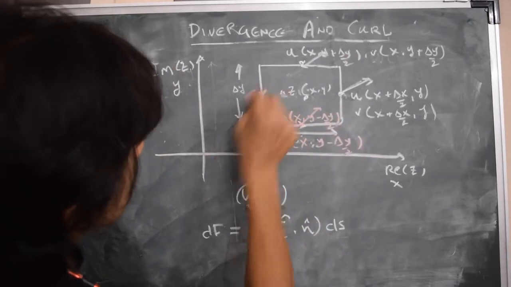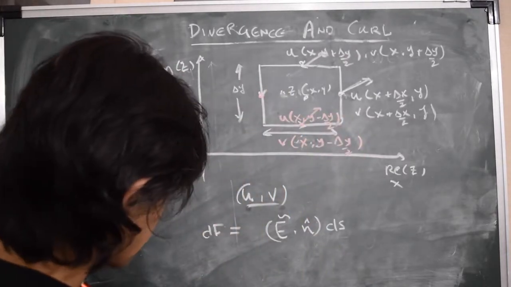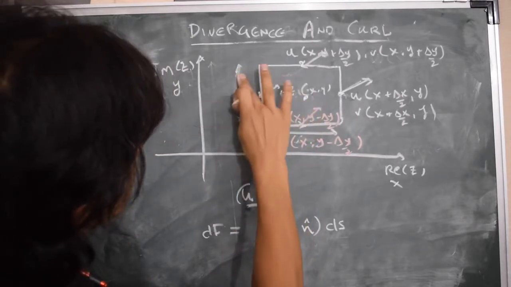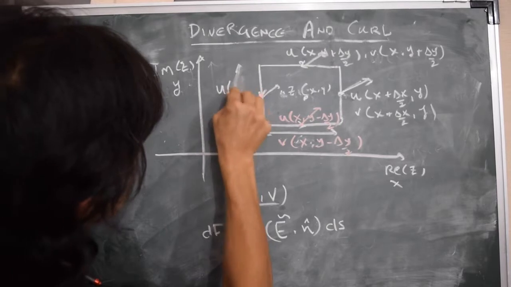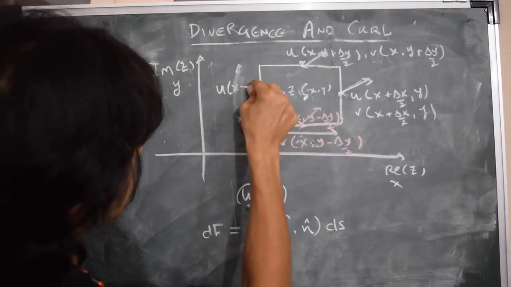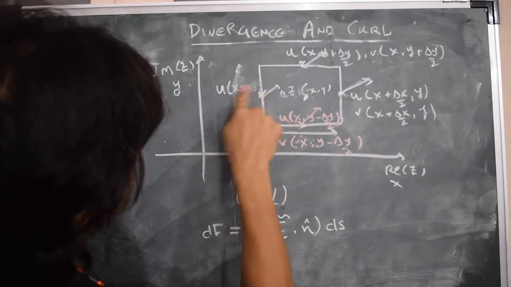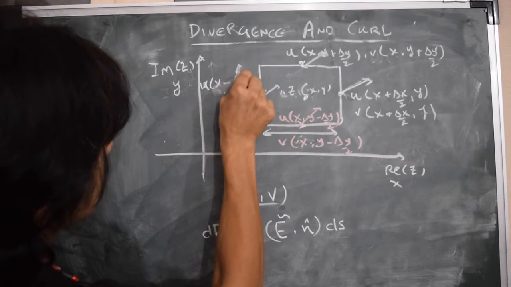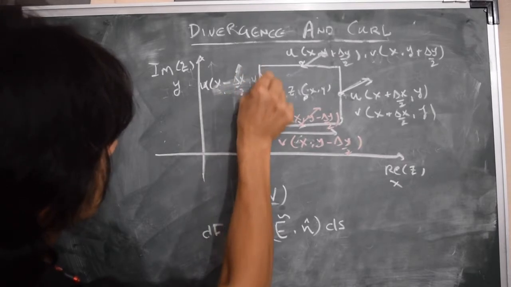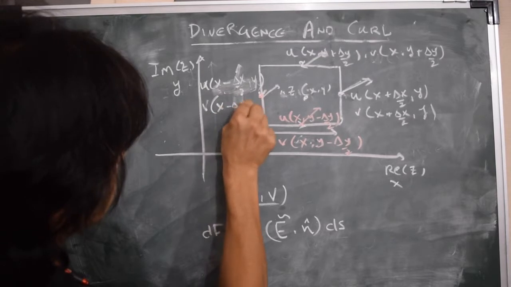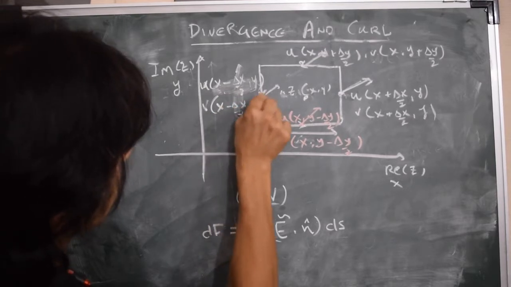And likewise here the vector field might be something like this. So we are evaluating this at u, x shifts half a unit to the left. So I'll just write it here, u x minus delta x by 2 comma y, and v x minus delta x by 2 comma y.